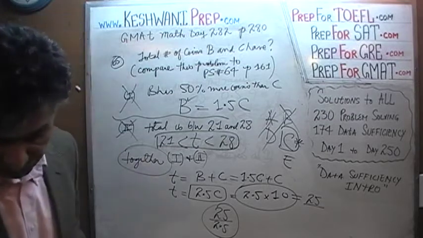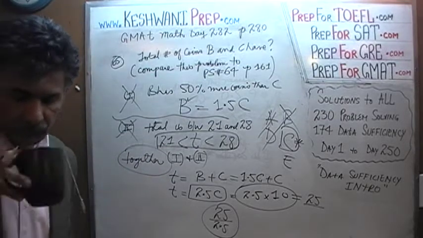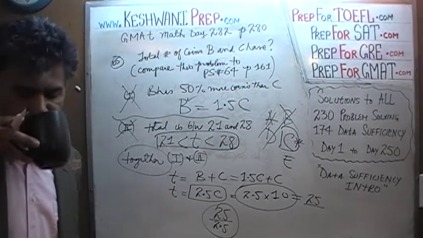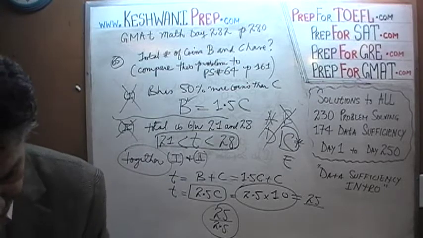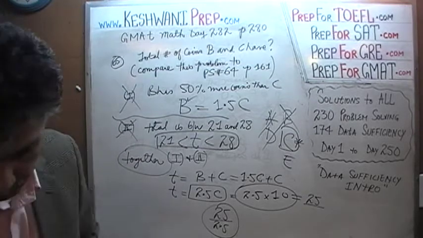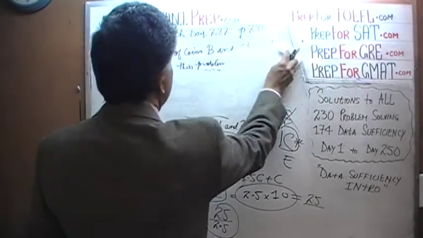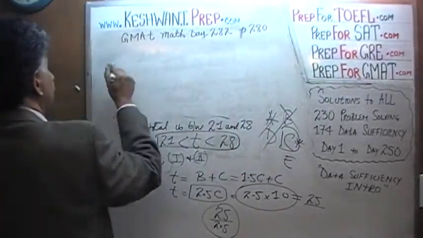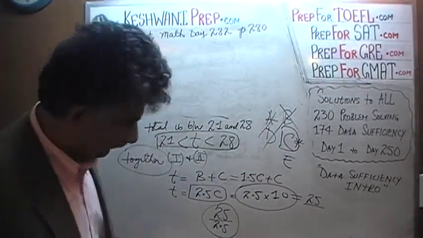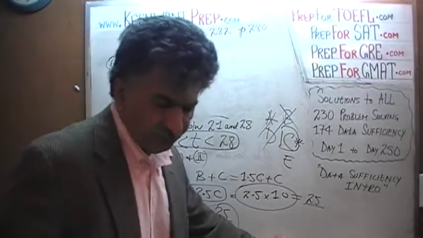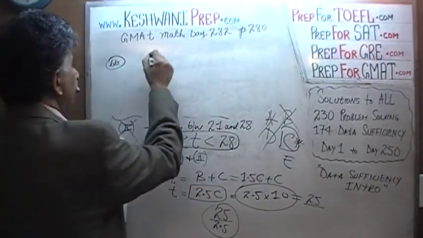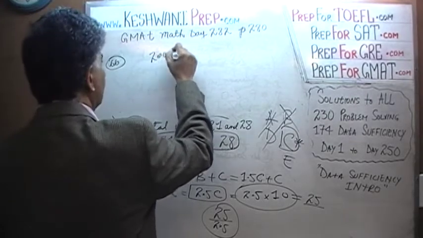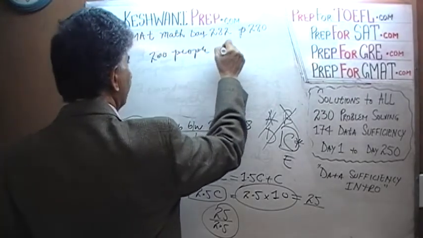Let's go on then. Number 66. In number 66, we are told that we did a survey of 200 people. 200 people are surveyed.